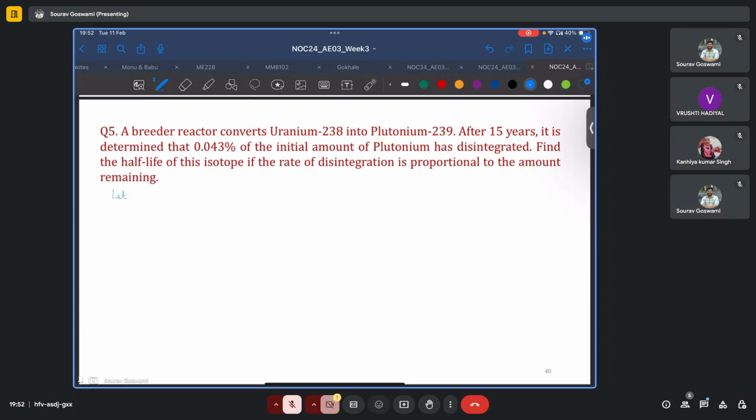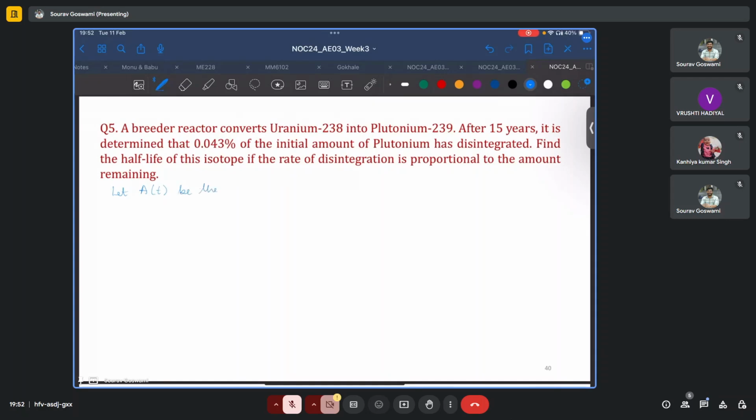Let A(t) be the amount of plutonium 239 remaining at any time t, and we are told that the rate of disintegration is proportional to this.